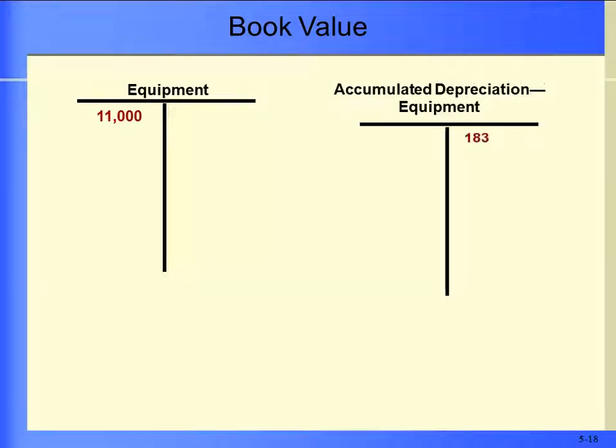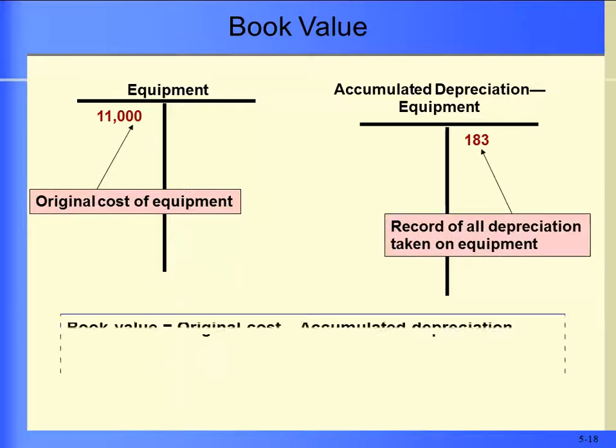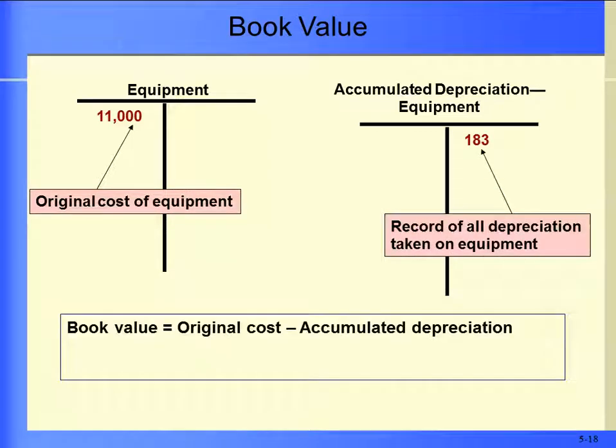So let's go back to the depreciation. Equipment had a debit balance of 11,000. Accumulated depreciation is 183. So the original cost of 11,000 minus the depreciation taken on the equipment to date is going to be your book value. Stated otherwise, book value equals the original cost, 11,000, minus accumulated depreciation.